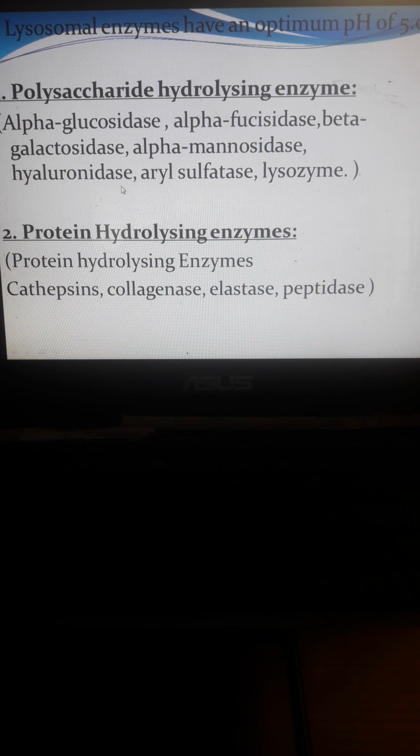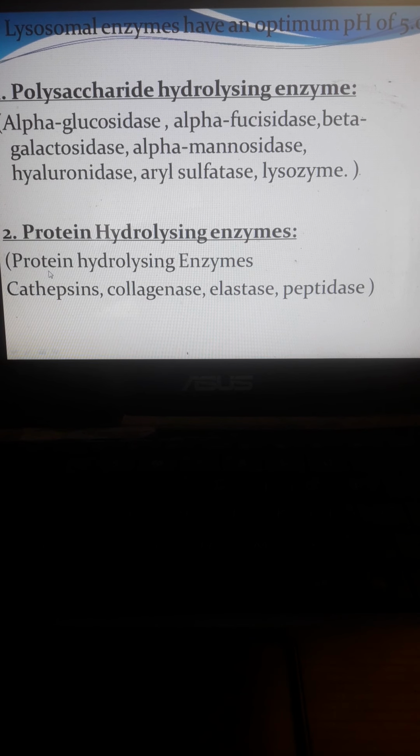Hyaluronidase will digest hyaluronic acid. Aryl sulfatase is an enzyme involved in the sulfation process, and lysozyme has an antimicrobial property. Usually it also digests foreign chemicals.